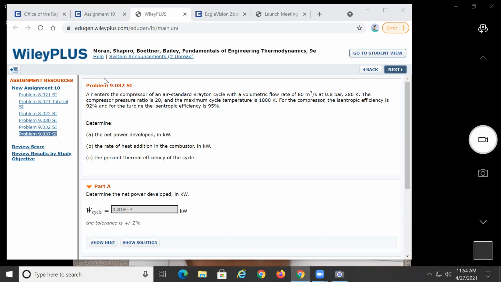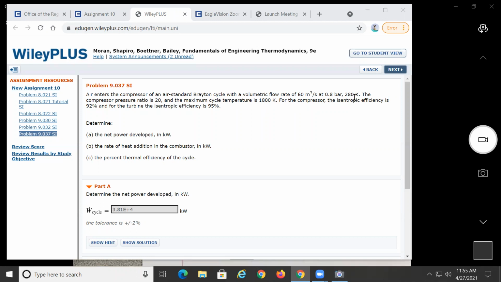9.037, which I guess is 9.37. And they say air enters the compressor of an air standard Brayton cycle with a volumetric flow rate of 60 cubic meters per second at 0.8 bars, 280 Kelvin. The compressor pressure ratio is 20 and the maximum cycle temperature is 1800.